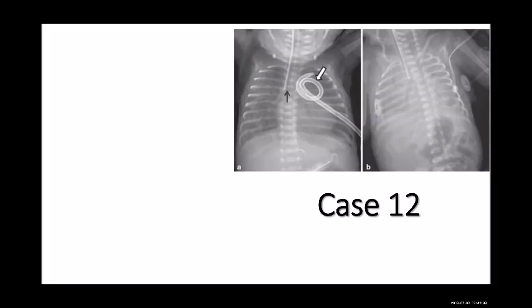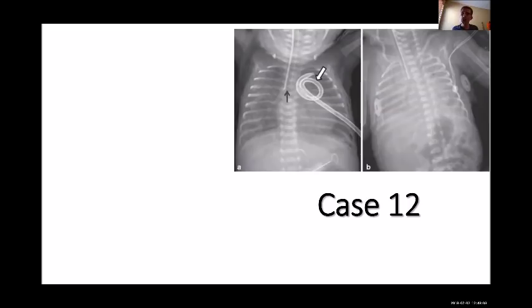This X-ray, is it centralized? It is AP view. What is the difference between AP view and PA view? Anterior posterior, I think you will see the heart shadow will be larger.